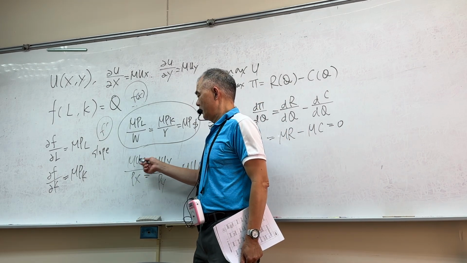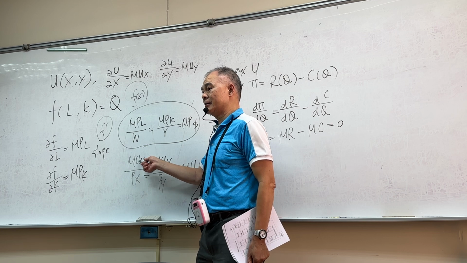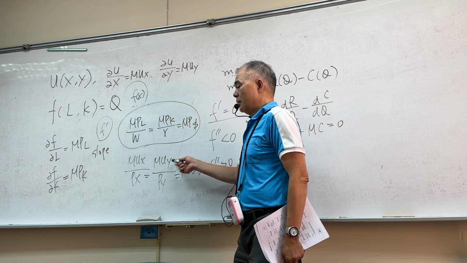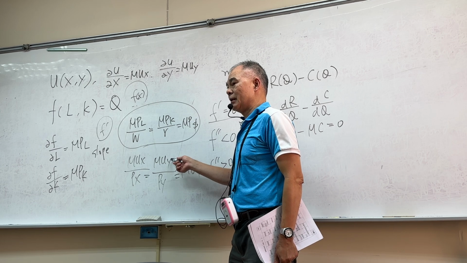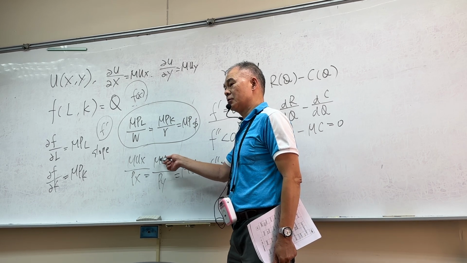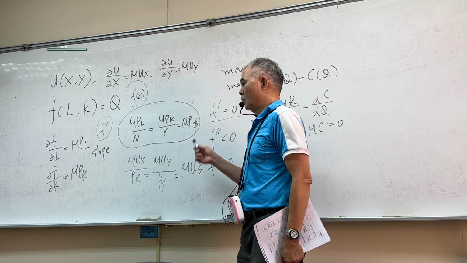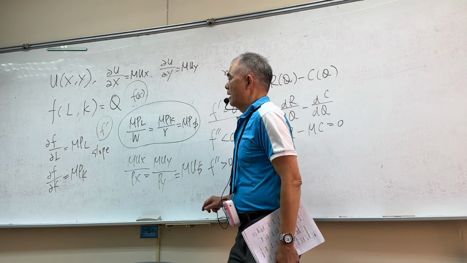Because the marginal utility of each dollar spent on X must be equal to the marginal utility of each dollar you spend on Y. And so that's what you're going to do.